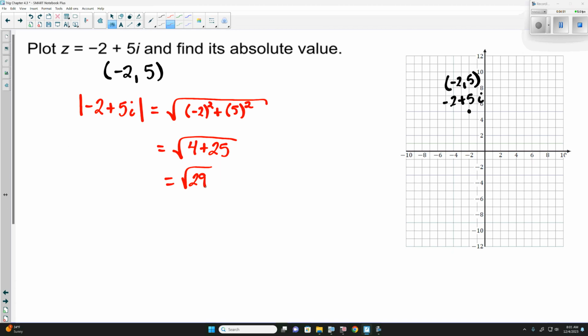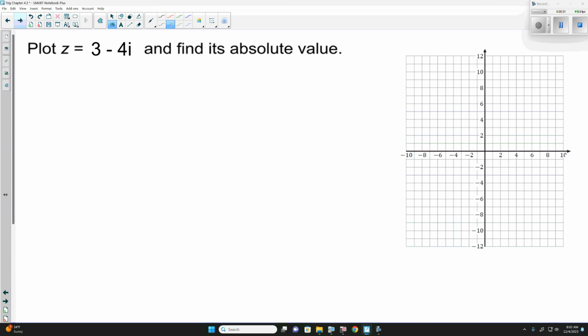The square root of 29 is as simplified as this gets, mainly because 29, I believe, is a prime number. 2 doesn't go into it, 3 does not. 4 does not, because 4 times 7 is 28, it's too close to it. 5 does not, because 5 times 6 is 30. So that's it. There are no other numbers besides 1 and 29. Questions on this here? We feel good with this.